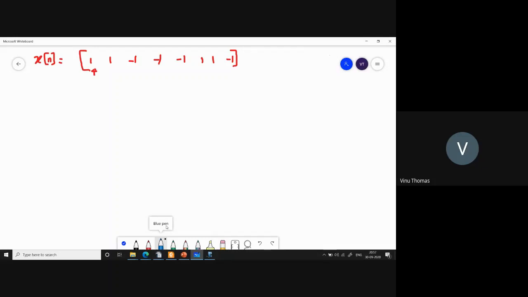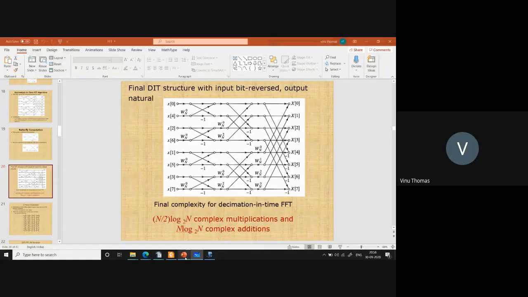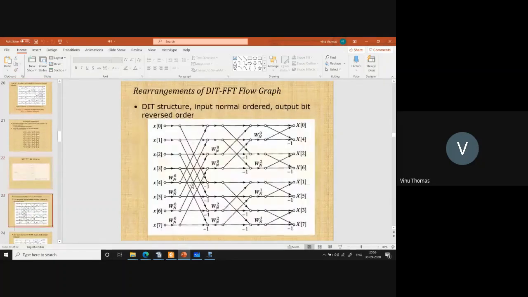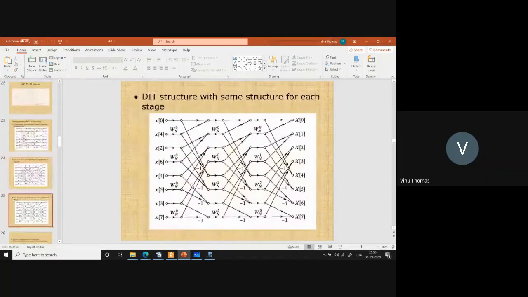So how will you compute this using DIF FFT? What would be the process by which you compute DIF FFT? What is the initial process? What do you do in DIF FFT? So let us look at the DIF FFT flow graph.